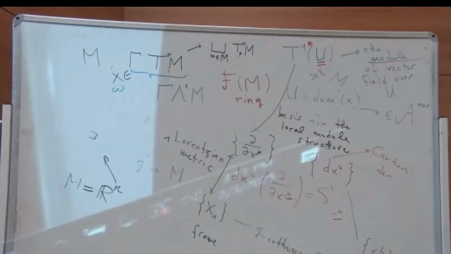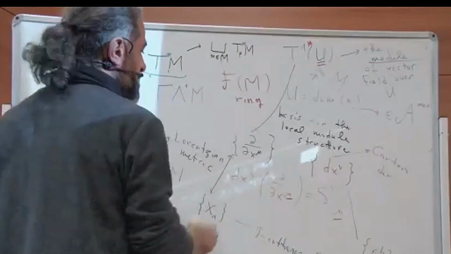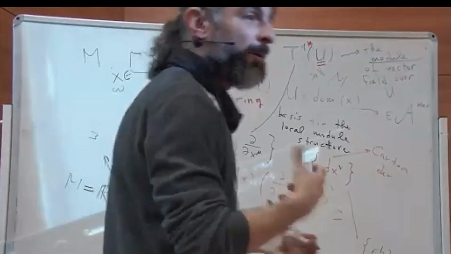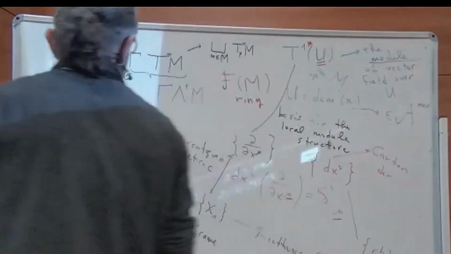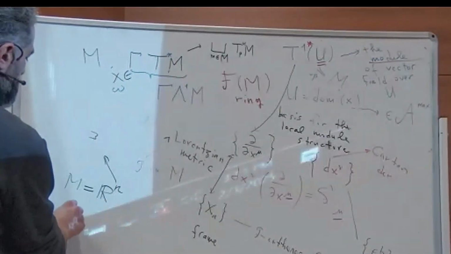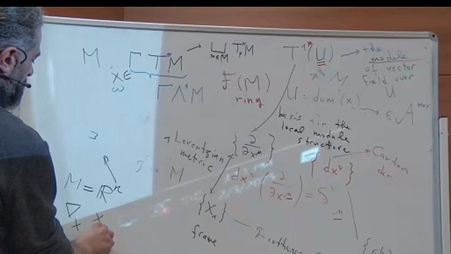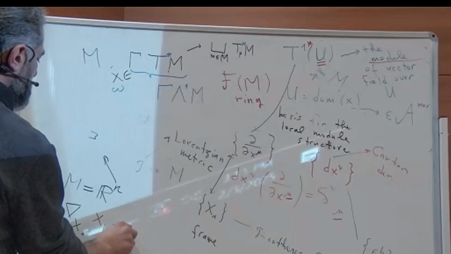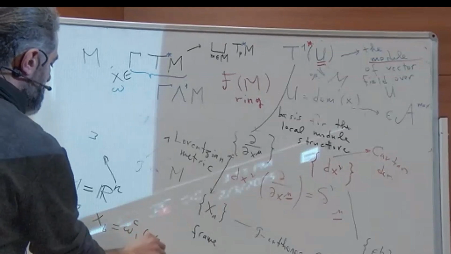Its basis vector fields are all parallel, and this is valid at every point on the manifold. So this is where the connection forms come into play.